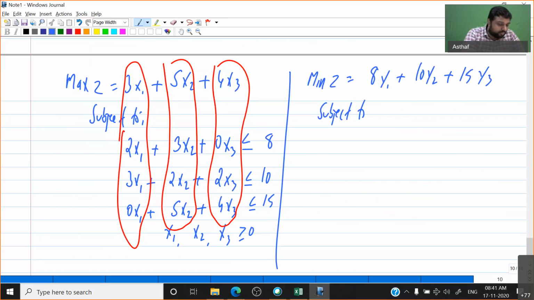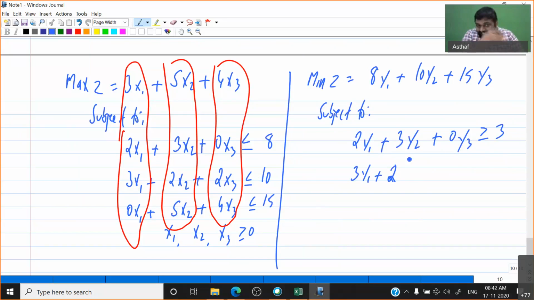Subject to, this is the condition. 2y1 plus 3y2 plus 0y3. Here you had max, so greater than or equal to, and this number will come, 3. Next, 3y1 plus 2y2 plus 5y3 greater than or equal to 5.